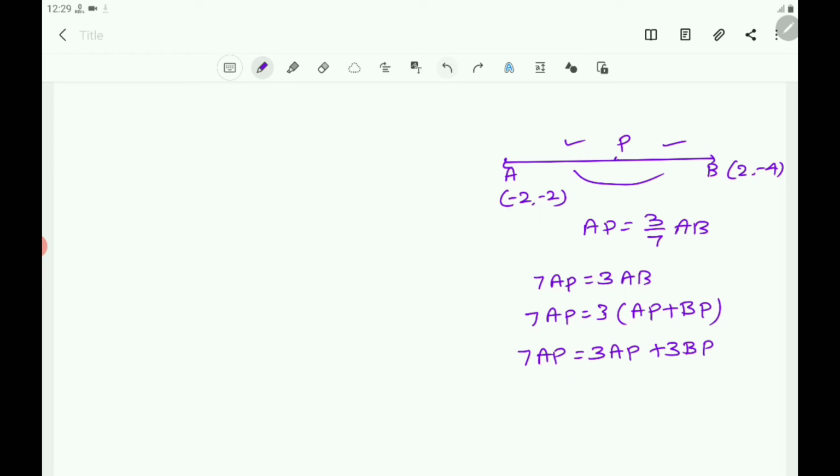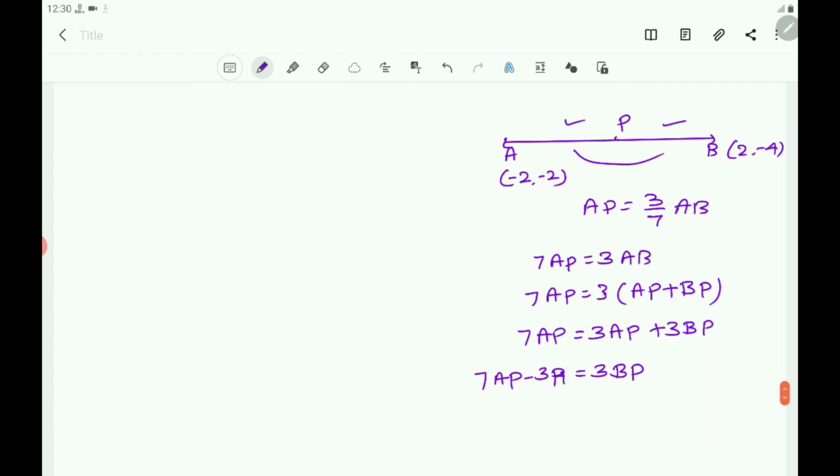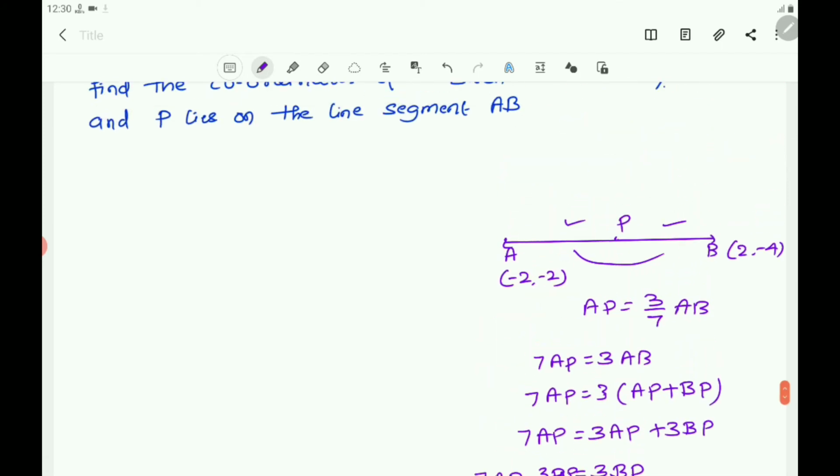Then it becomes 7 AP minus 3 AP equals 3 BP. 7 AP minus 3 AP is 4 AP equals 3 BP. Then that becomes AP by BP equals 3 by 4.